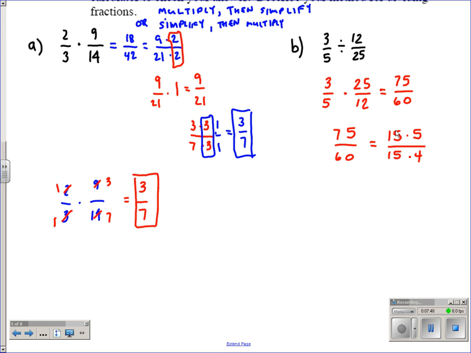We have a factor divided by itself, which is equal to 1, so this is like saying 1 over 1. 1 times 5 is 5, and 1 times 4 is 4. So our answer is 5/4.